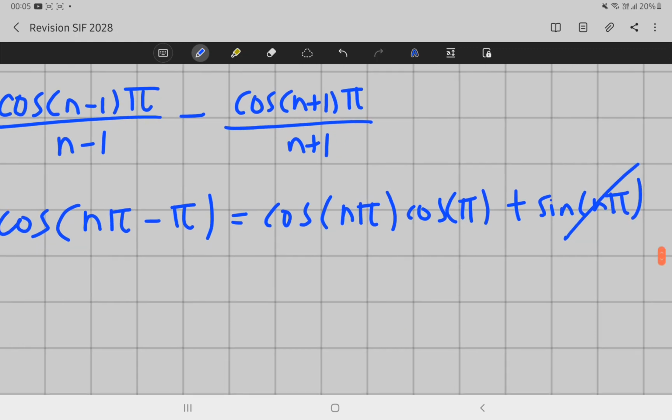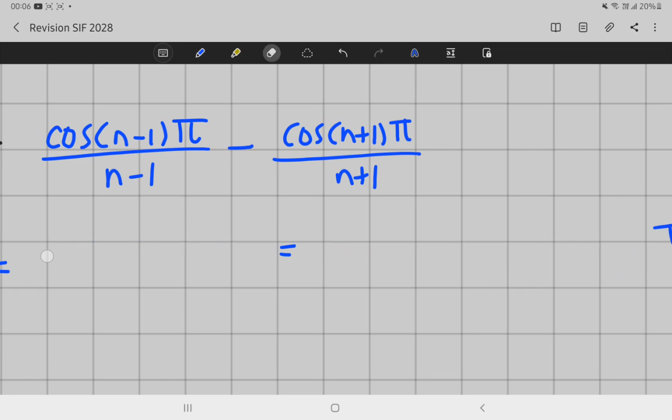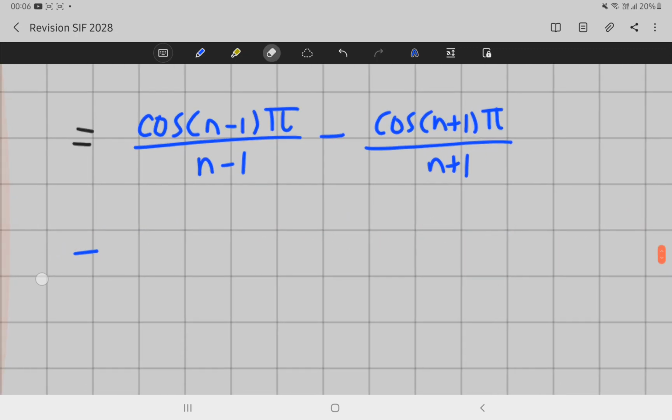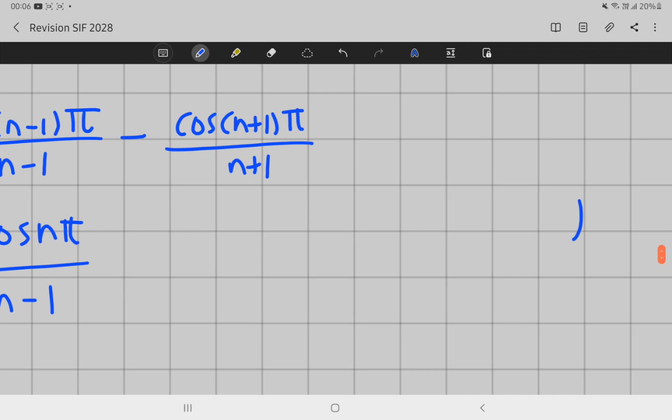So cosine pi is just minus 1, so this is minus cos n pi, right? So minus cos n pi over minus (n minus 1). So that one.